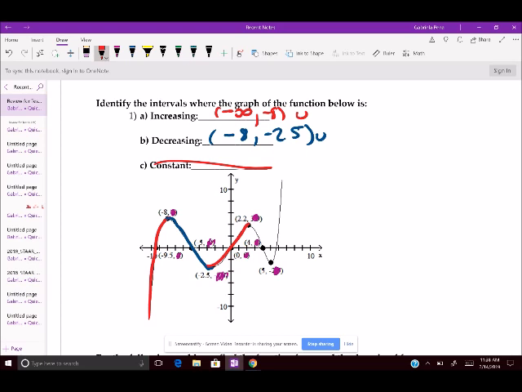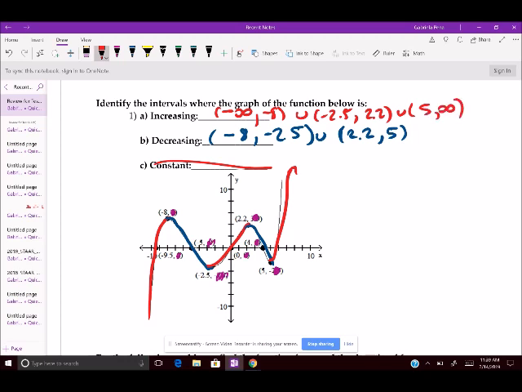So negative 2.5 to 2. Then from here to here, what's happening? So what numbers would I put? 2, 5, right? And then in the last part, from 5 to positive infinity, it is increasing.